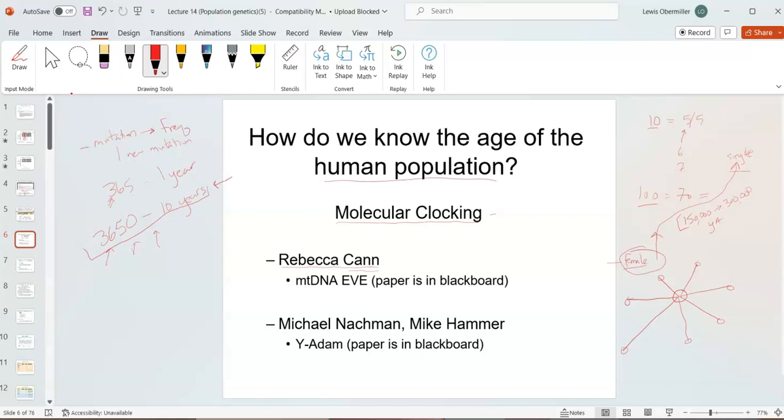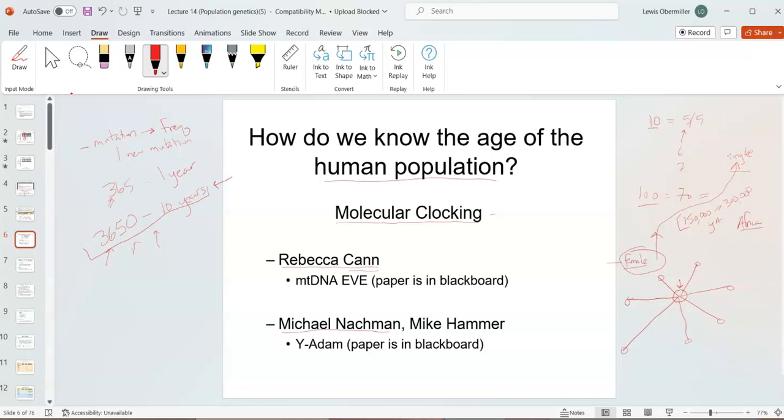So you're basically reverse treeing this. What she found out is where that individual came from, and that was Africa, at about that time period.